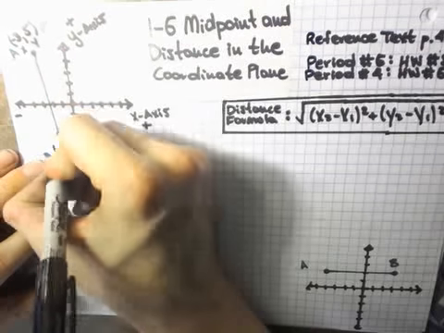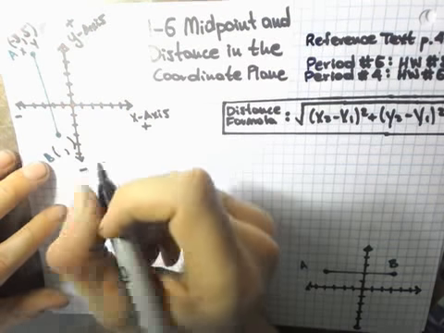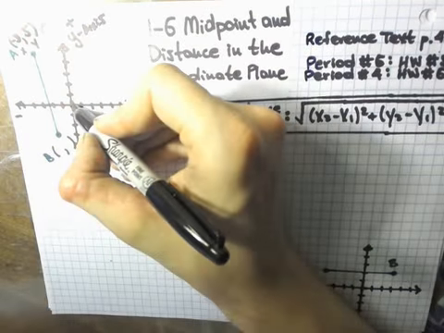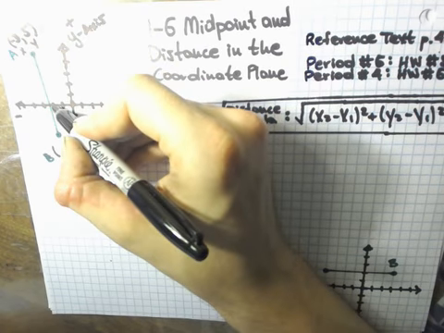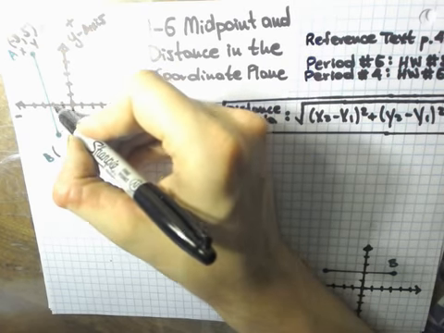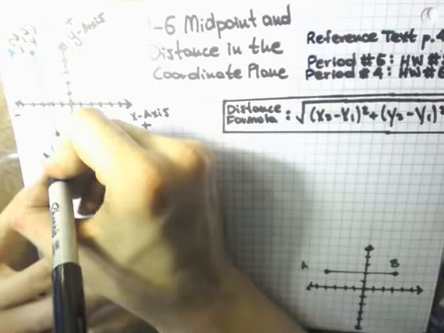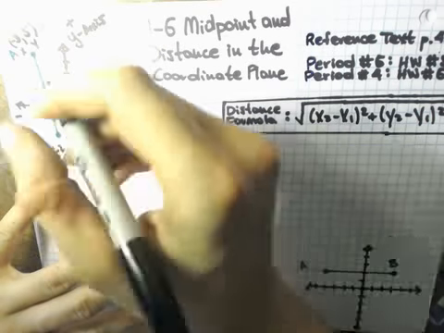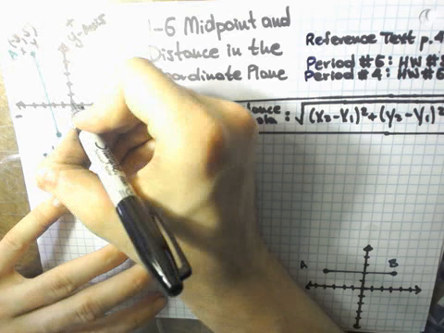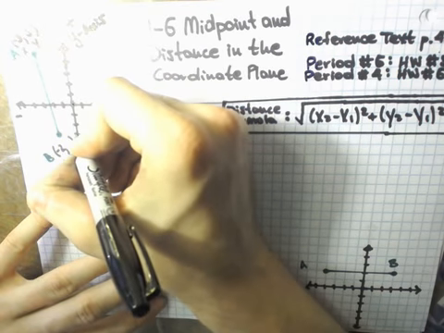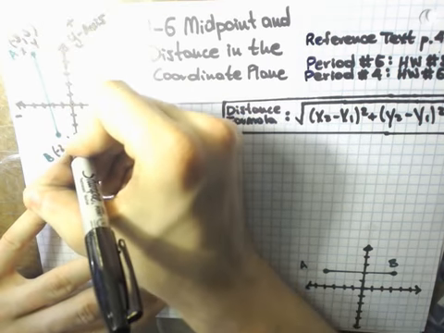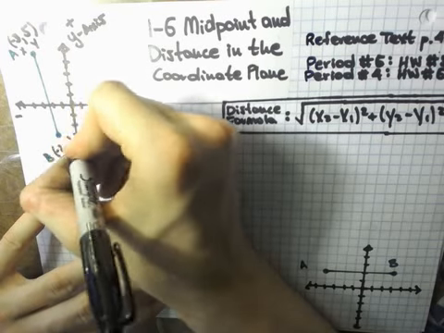B is going to be the same way. You start at the x value. I start at 0 and move over 1, 2 in the negative direction, so -1, -2. My x value is -2. For my y value, I fall 1, 2, 3, so -3 lines up with my point.